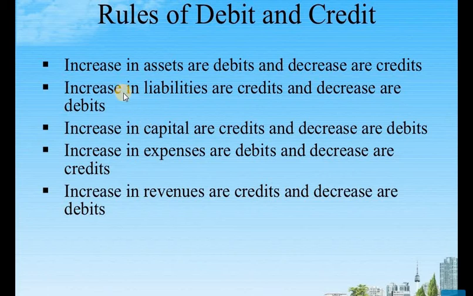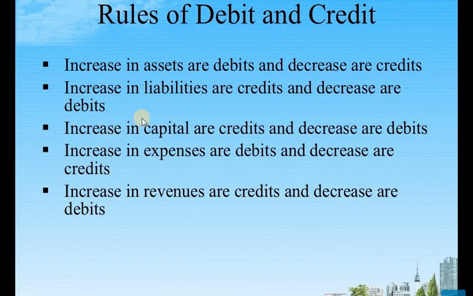Next, increase in liabilities are credits and decreases are debits. Liabilities are directly opposite to assets. When it is increasing, like I am taking a loan from Canara Bank, the Canara Bank account is credited and my bank or cash account will get debited.